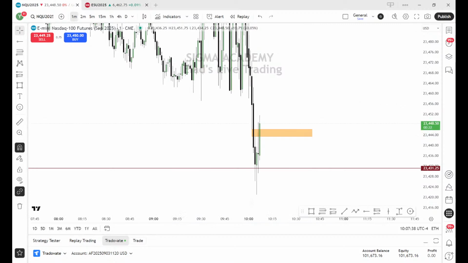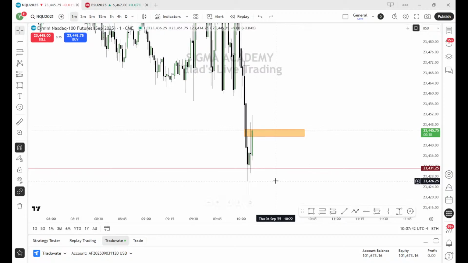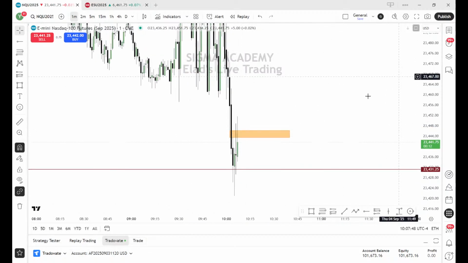Will it stay above? Not. Oh, closed above. So we are in the trade.